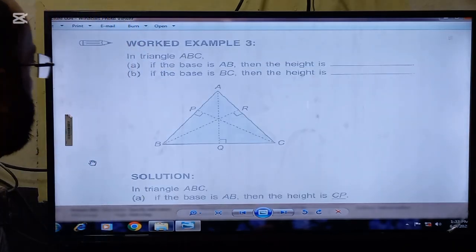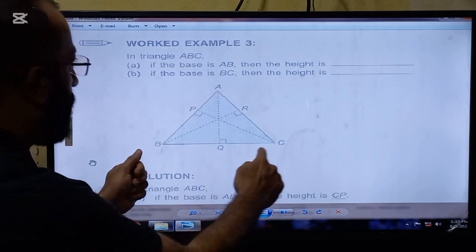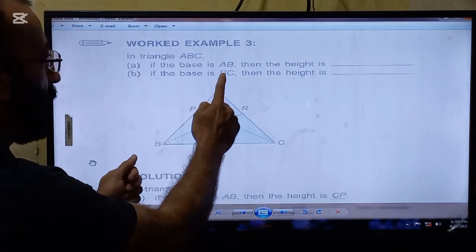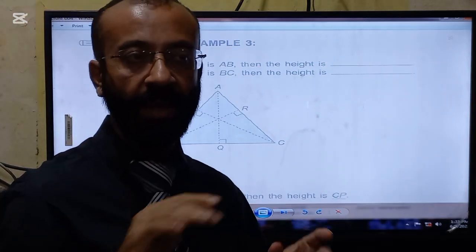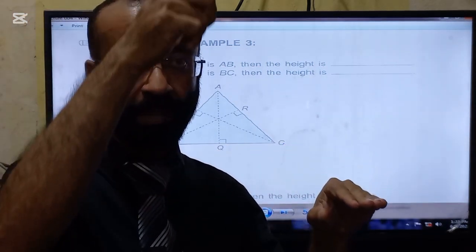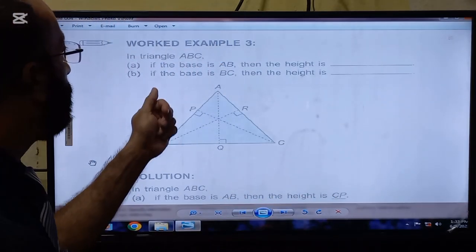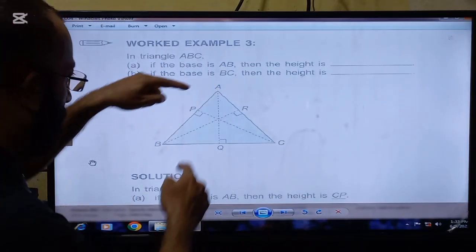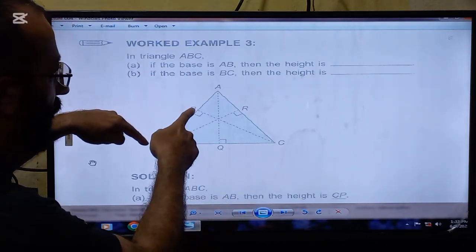Here is a question. In triangle ABC, this is the triangle. If the base is AB, then the height is? If one side is the base, the height will be perpendicular to that side. So if the base is AB, then CP will be called the height.